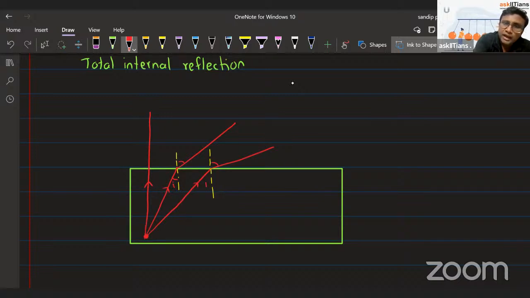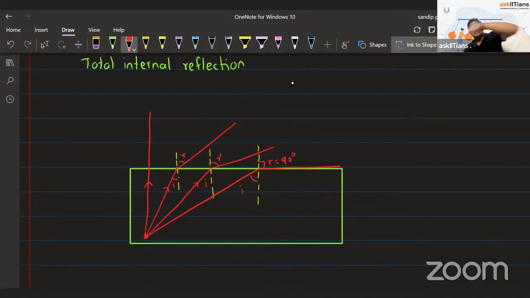So this is your new I, this is your R. Consider another light. As you can see, R keeps increasing, and at some particular value of incident angle I, the angle of refraction will become exactly 90 degrees.